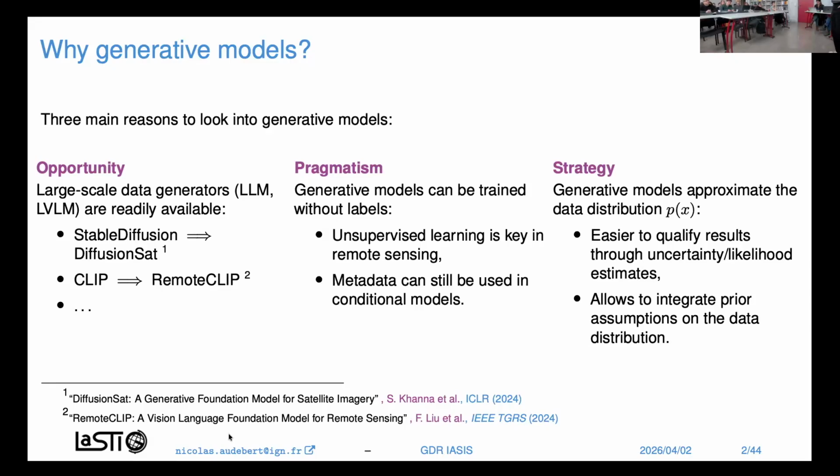And if you're a little bit careful, because you are modeling the data distribution, you can also add some prior assumptions about what the data might look like. So integrate physical priors and so on. So it opens up, I think, avenues that are difficult to investigate with predictive models by just switching from one type of model to the other.